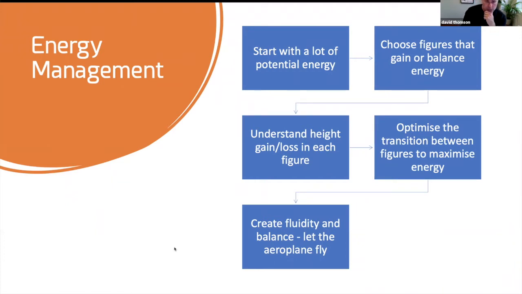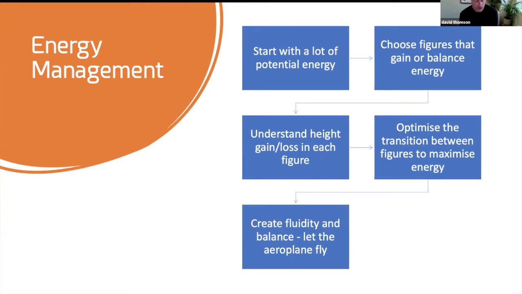And I think when you're designing a sequence, it's all about balancing energy. So I think you want to start with a lot of potential energy. So that means either starting high or starting with a lot of speed. I've got a preference, which I'll talk about later, but you want to start with a lot of energy, and you then want to choose figures that either gain or balance energy.